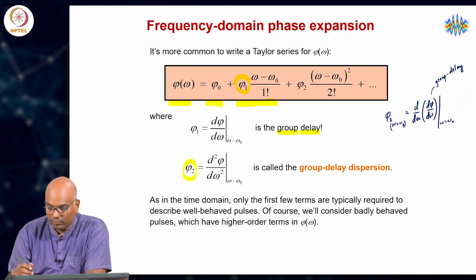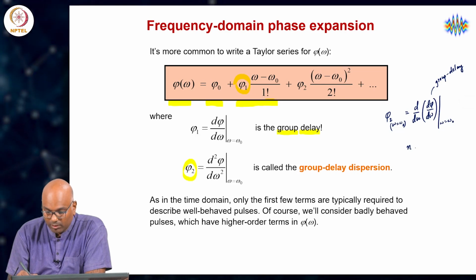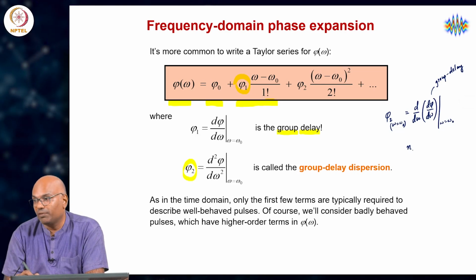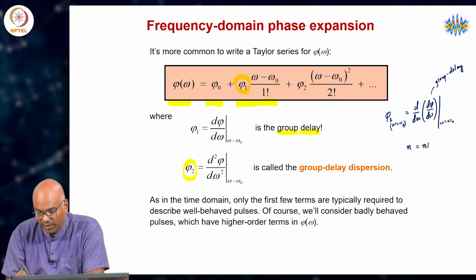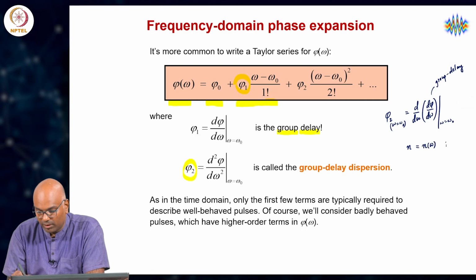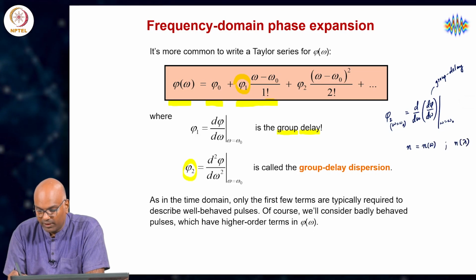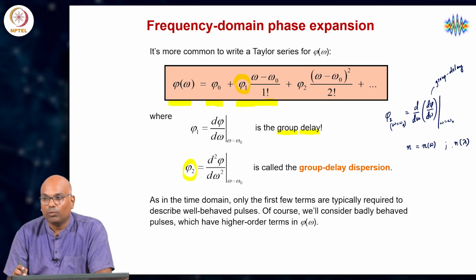Now, what is n in optics? It is refractive index, right. If n is a function of frequency or wavelength equivalently, what have we been told?